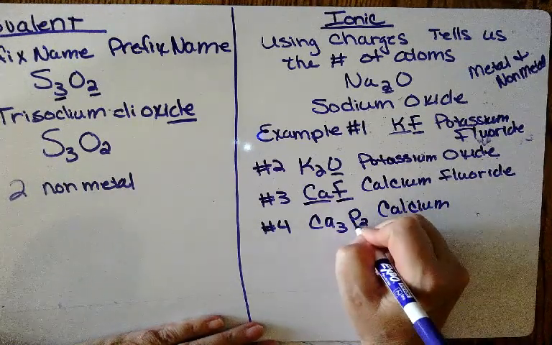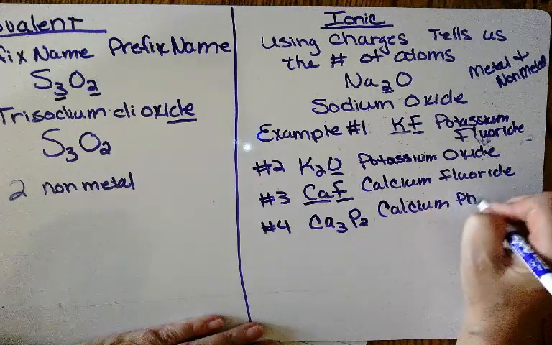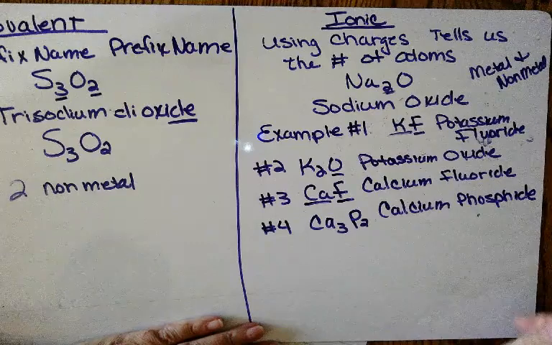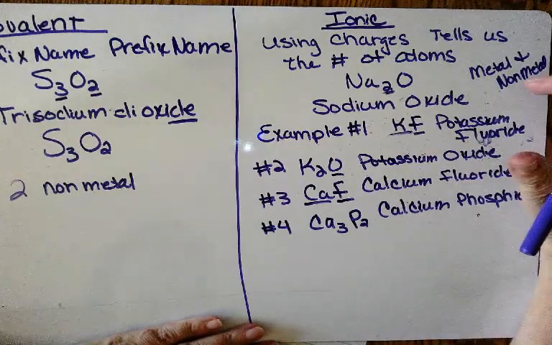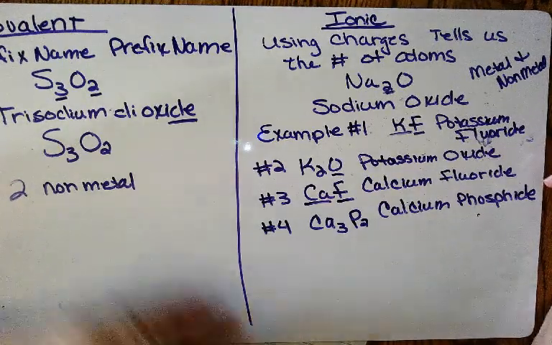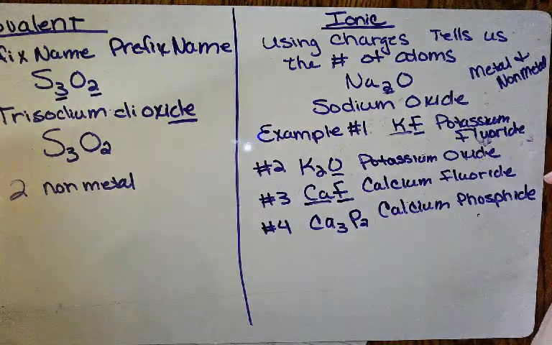And it's with phosphorus, which changes to phosphide. And that is how we take a formula and write the name. Now we have to learn to take the name and go backwards and write the formula.